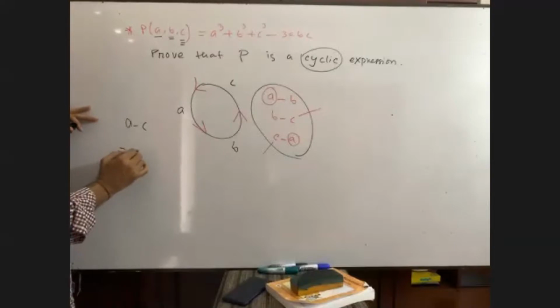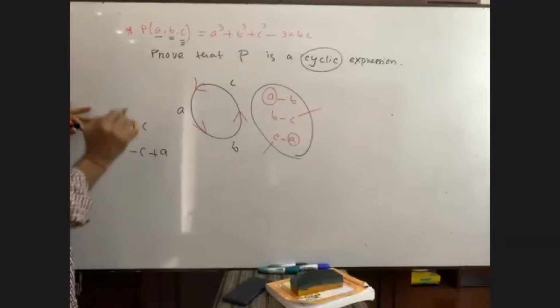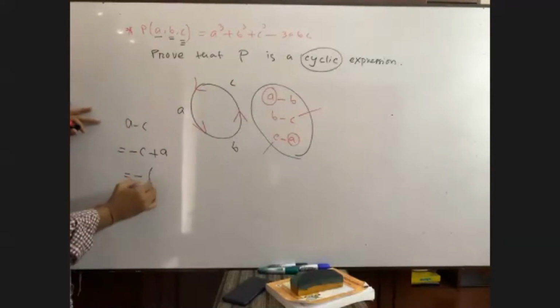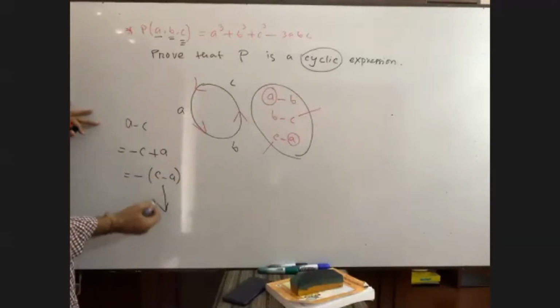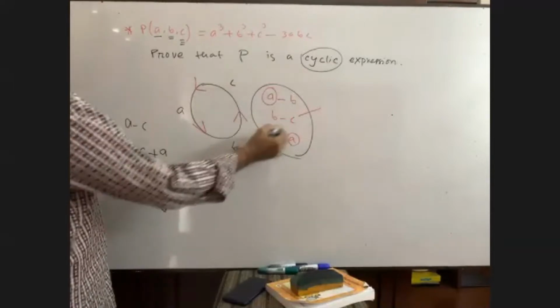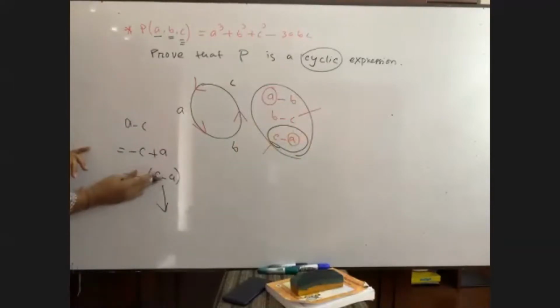You will take minus C plus A, then take a minus common. Then you see that it is cyclic. C minus A, as it is C minus A, not A minus C. Okay, cyclic. I think you have got me.